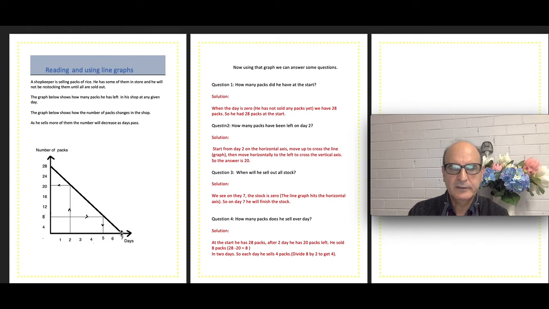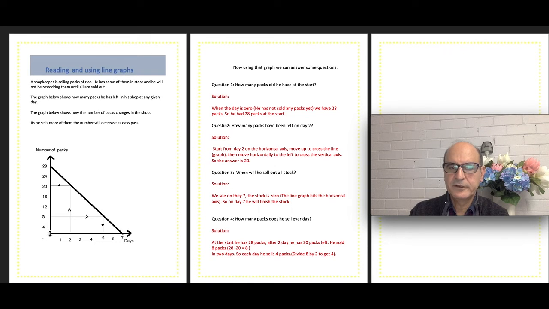On day 7, he will run out of stocks, because he started with 28 and it came down all the way, and this is where we have 0 packs. Another way of thinking of that, if you take this point on the graph and go across, you will end up with 0.